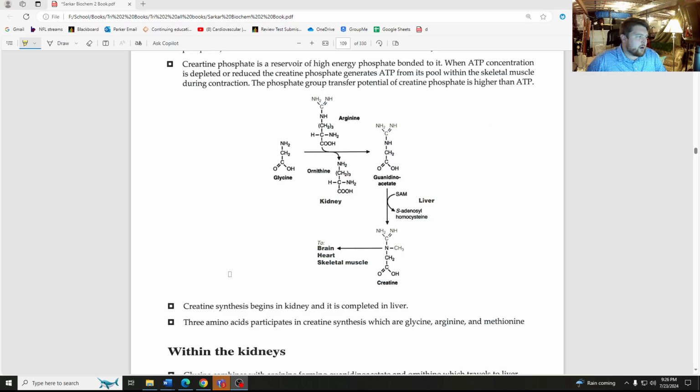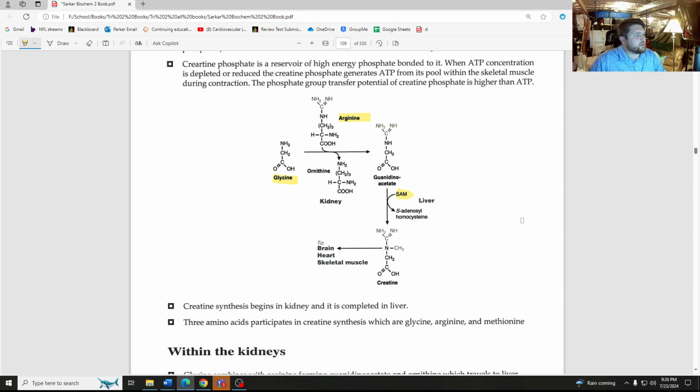Creatine synthesis begins in the kidney and is completed in the liver. There are 3 amino acids that we're going to look at: glycine, arginine, and methionine. We look at our SAM, S-adenosyl methionine. Remember, we talked about SAM in the previous chapter.